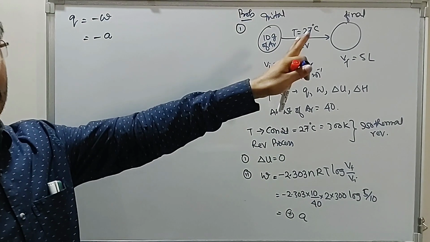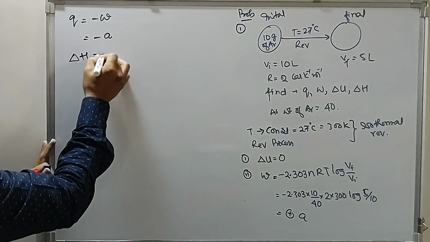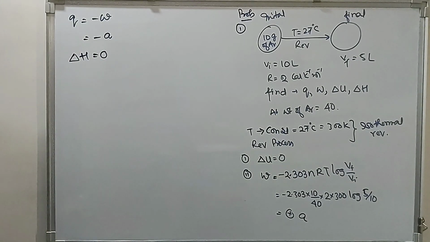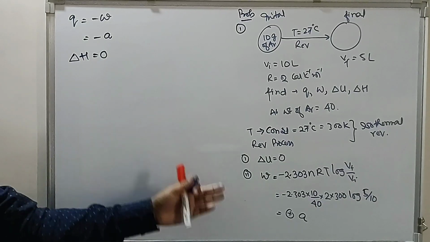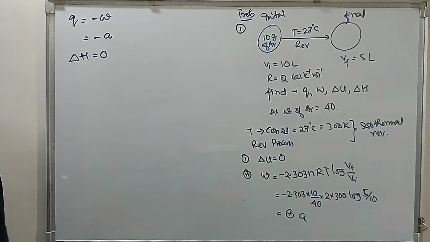There is no change in the number of moles of gas, so delta H will also be 0. So this is how we find the values of the various parameters for a reversible process.